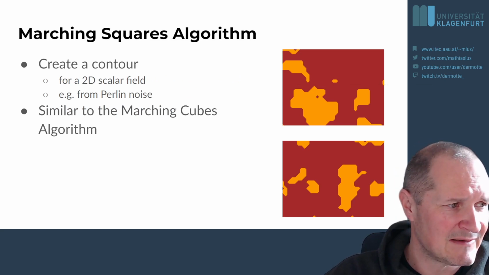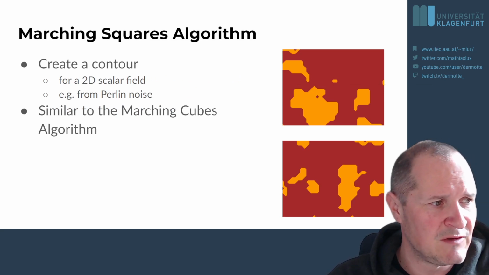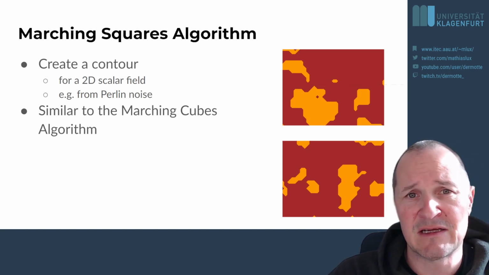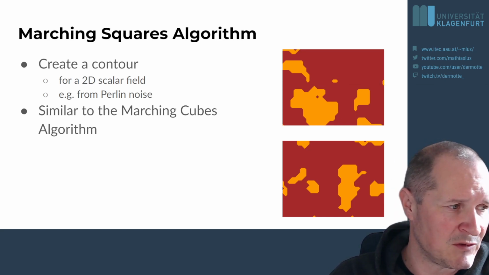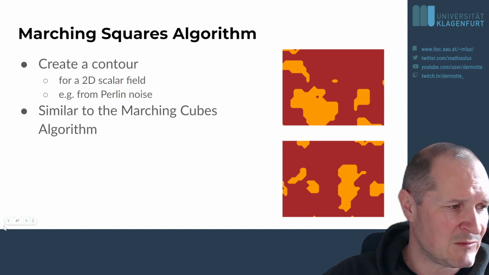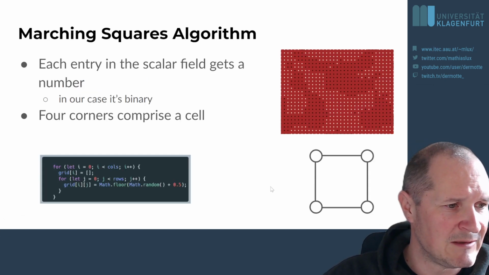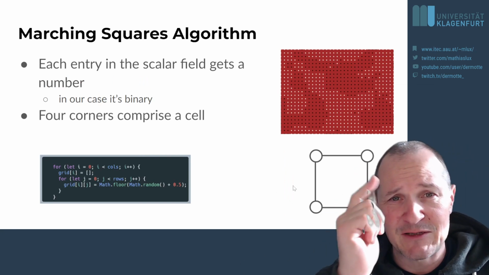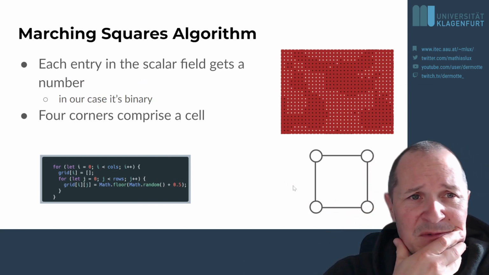It creates a contour from a 2D scalar field, and there you can put in whatever you want, for instance Poly noise. It's basically the same as the marching cubes algorithm, but in 2D. That's what I just wanted to show you for the last 10 minutes.